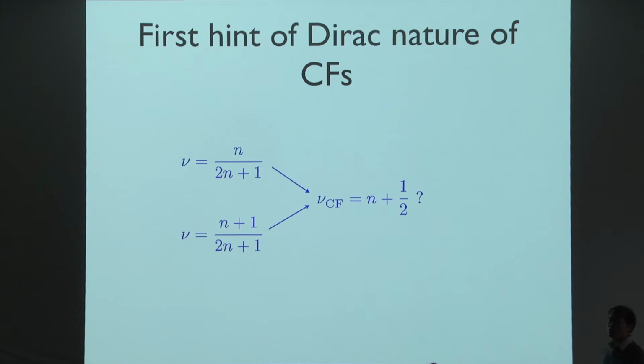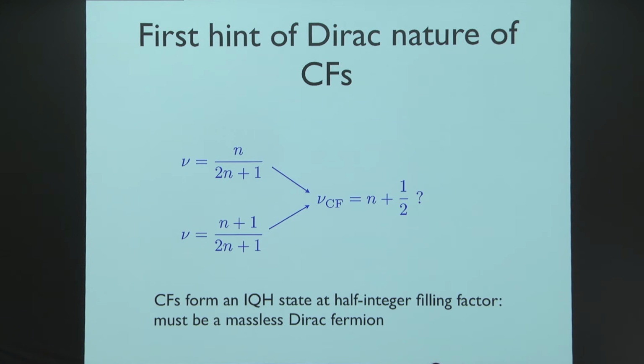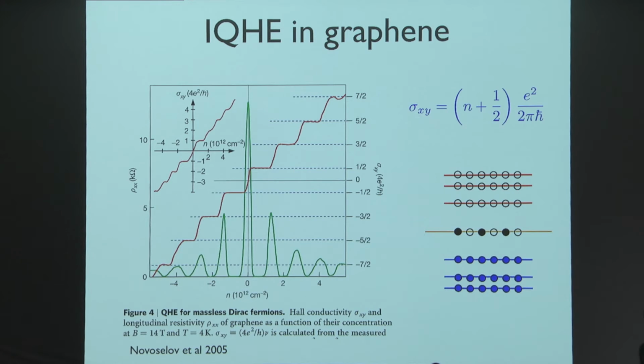Clearly, there is a problem in this way of thinking. The composite fermions are supposed to form an integer quantum Hall state, which usually corresponds to an integer filling fraction. And here we have a half integer filling fraction. But that is a standard situation when the fermion is a massless Dirac fermion in 2 plus 1 dimensions. And actually, this fact has been seen experimentally after graphene was made.